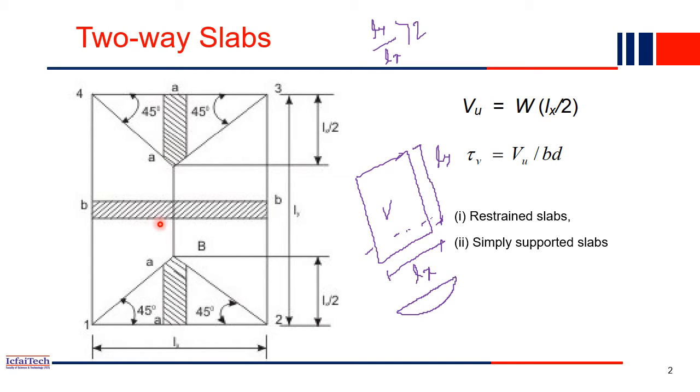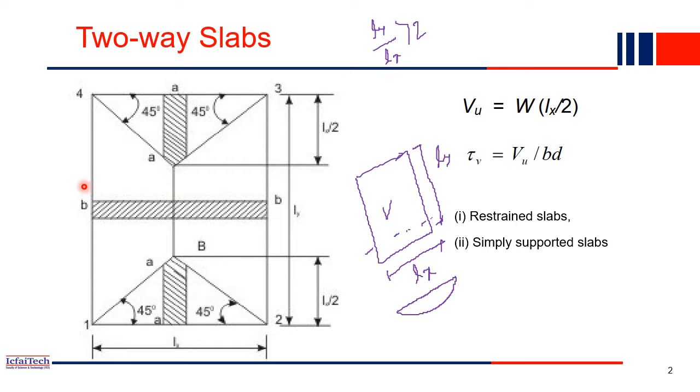The inbuilt reinforced concrete can take care of the stresses. We just have to check whether the stress is less than the permissible limit or not. If it is fine, then it's okay. Otherwise we have to redesign, meaning we have to increase the depth, so we redesign the section.